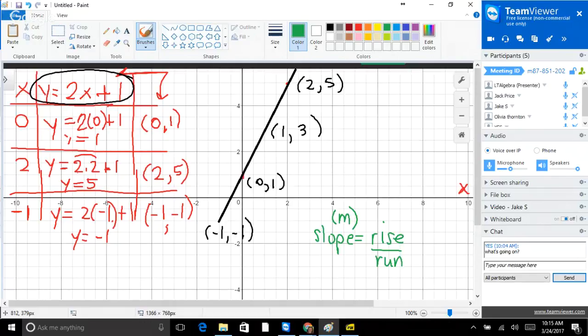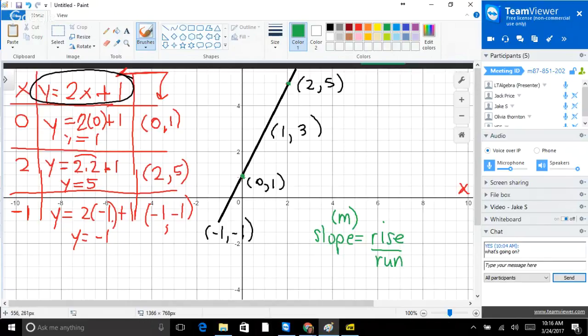All right, so what does this mean? Well, this means that if I wanted to find the slope of this black line right here, I want to find out how much does it rise versus how much does it run. So rise is your up and your down. So what you can do is you can take any 2 points on here and you can figure out the slope. So let's take this point right here, and we'll go all the way up here.